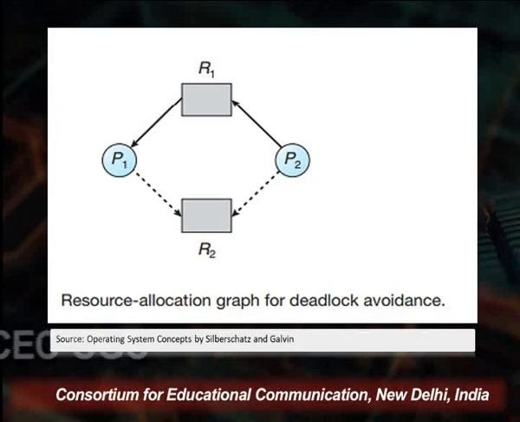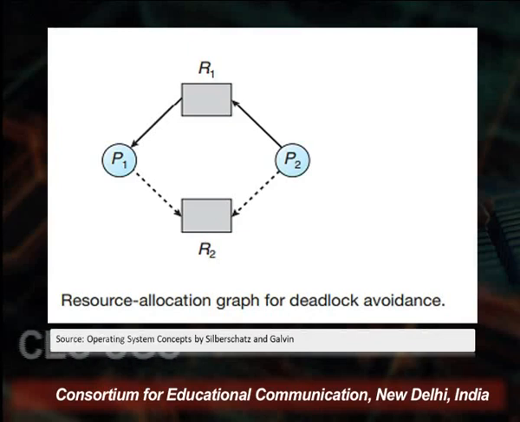So here you can have a feel of this resource allocation graph which is being used for deadlock avoidance. You can see that there are two claim edges shown by dashed lines, and apart from that there is an assignment edge and a request edge also.